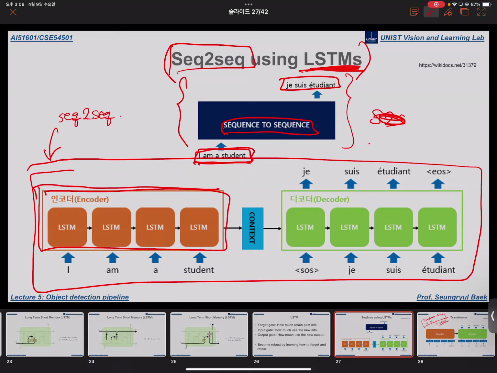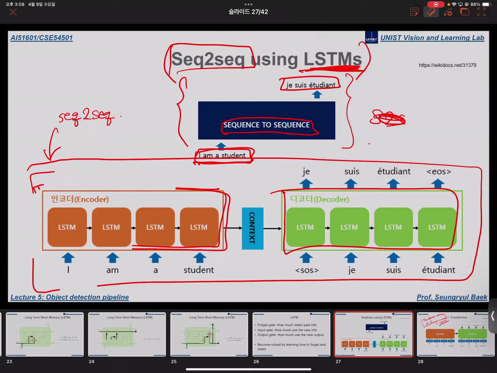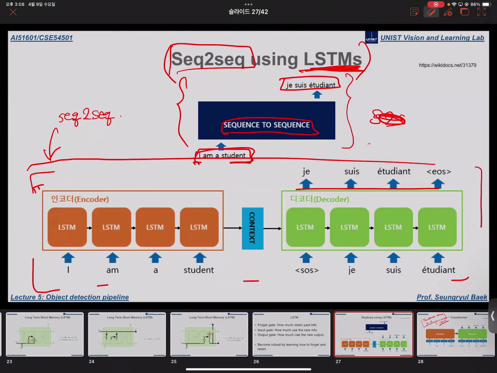It is composed of an encoder and a decoder part. We already saw this encoding and decoding process when doing the segmentation or image inpainting task before, and maybe you are familiar with that.